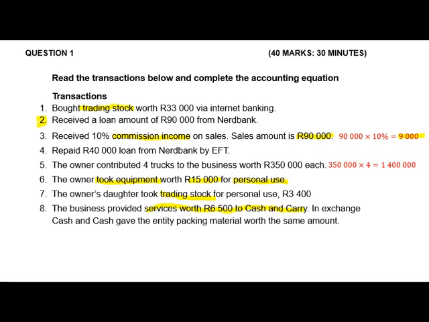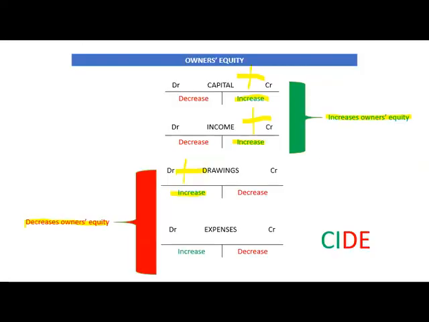Let me read further. It says, in exchange, Cash and Carry gave the entity packing material. Oops. So they didn't give us money. So our asset is not affected because they gave us packing material. And packing material falls under expenses.